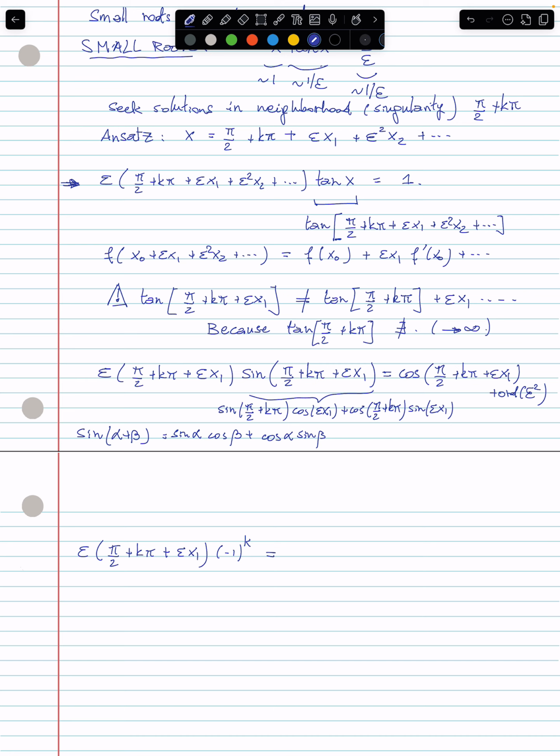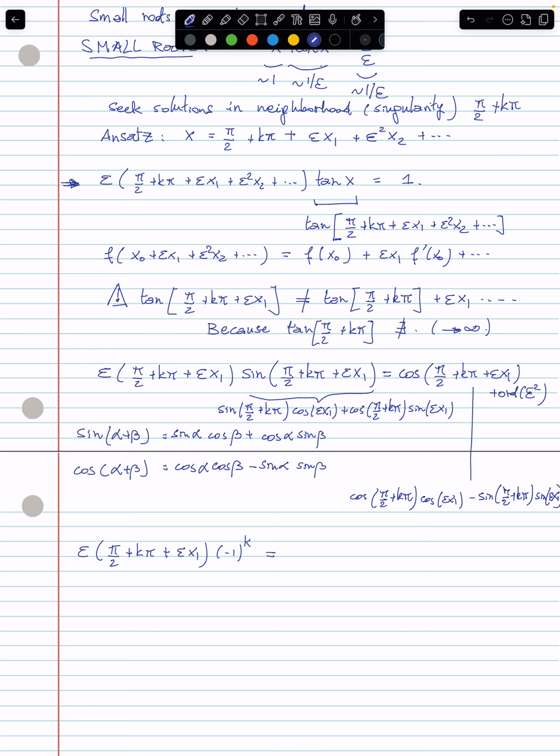And on the right-hand side, we can do the same operation here. Just remember that the cosine of alpha plus beta is cosine of alpha, cosine of beta, minus sine alpha and sine beta. All right, so for this expression here, we'll end up with a cosine of pi over 2 plus k pi times the cosine of epsilon x1 minus sine pi over 2 plus k pi and the sine of epsilon x1.